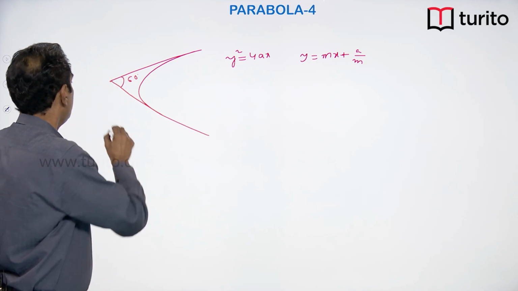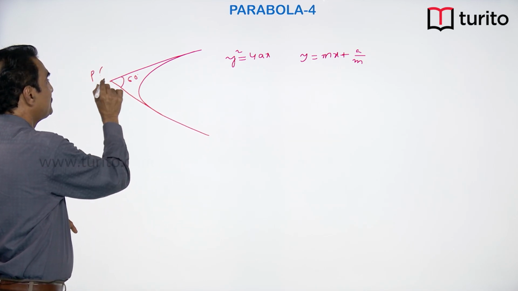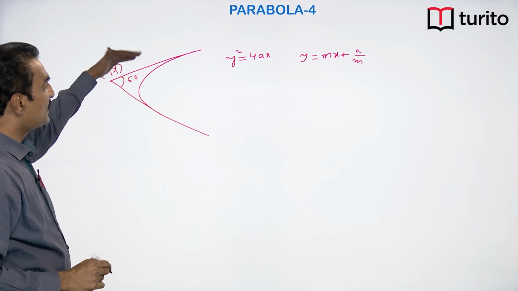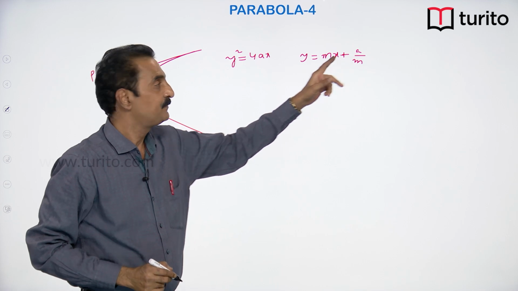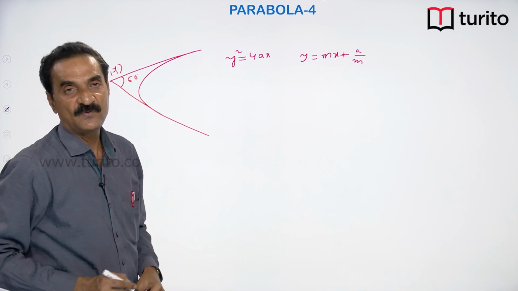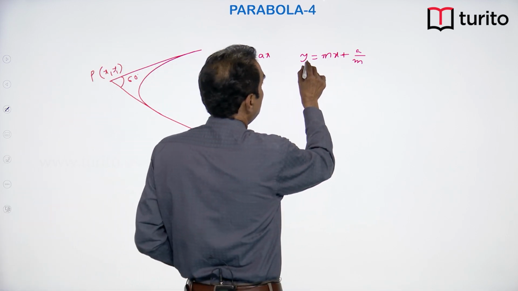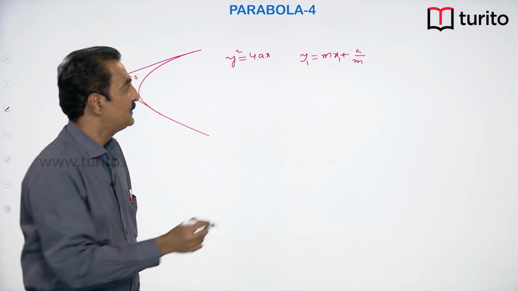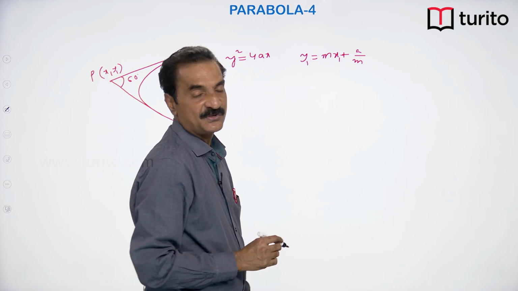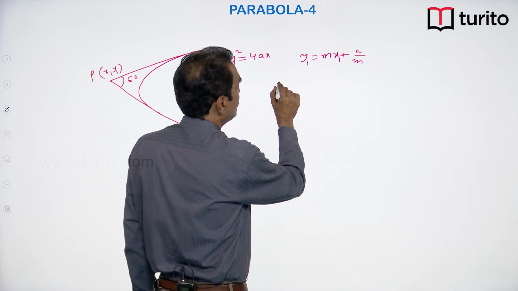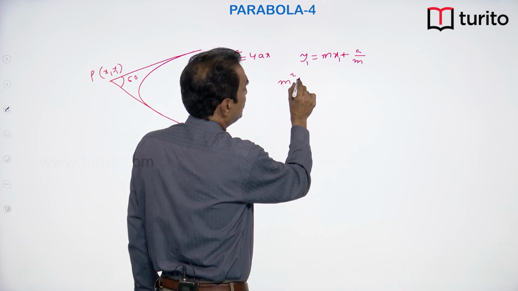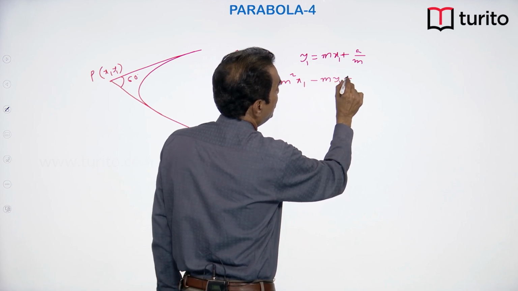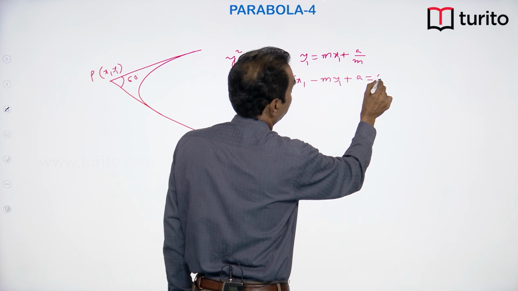Now, if this point of intersection of the tangents is x1, y1, let us assume that one of the two tangents is this line. If we substitute x1, y1, we get y1 is equal to mx1 plus a by m. Then multiplying by m on both sides, you will get a quadratic equation m square x1 minus my1 plus a is equal to 0.